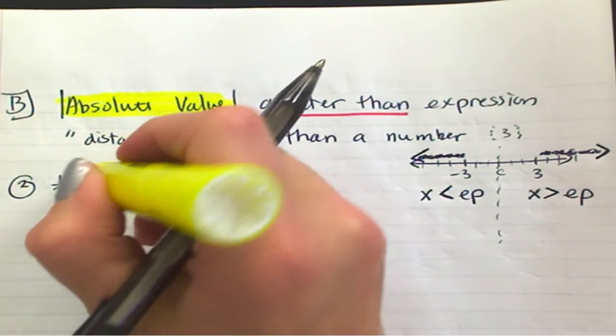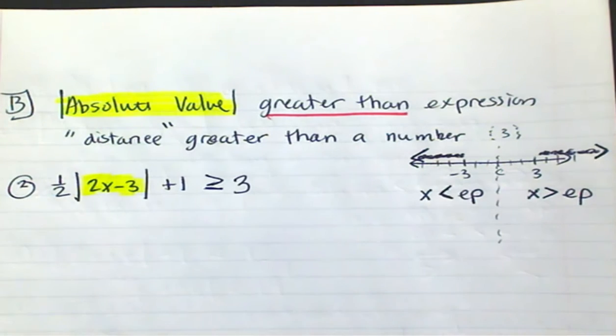Okay. Isolate. Right? Doesn't matter. Equation, inequality, isolate. Okay.